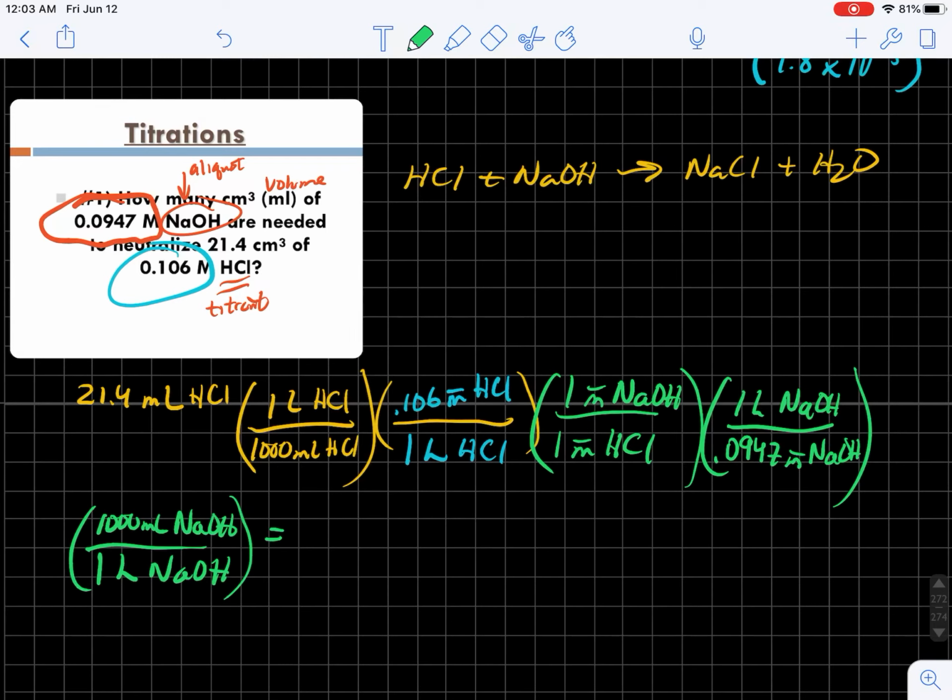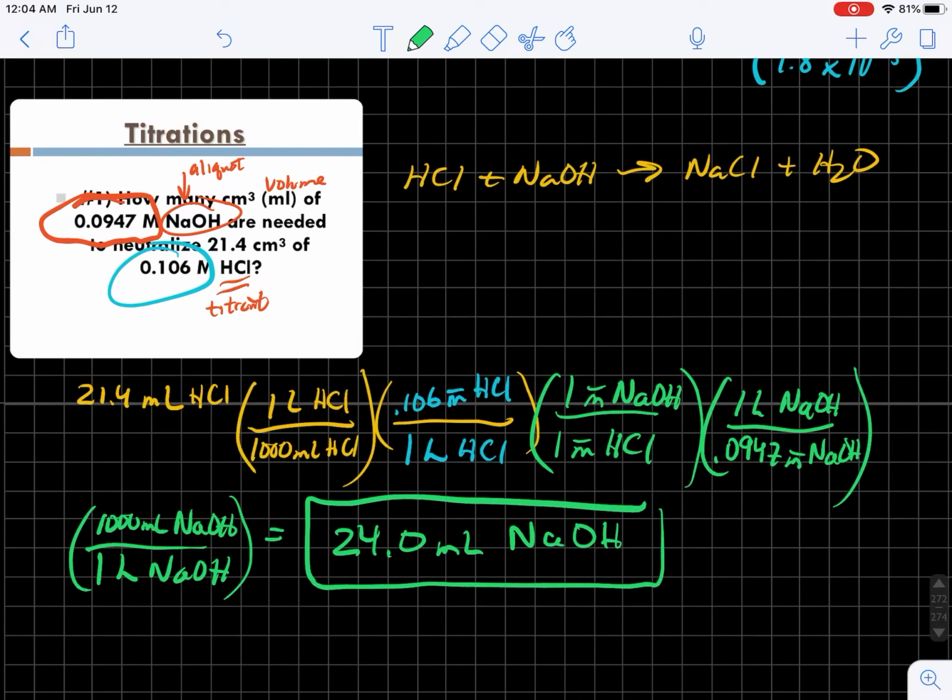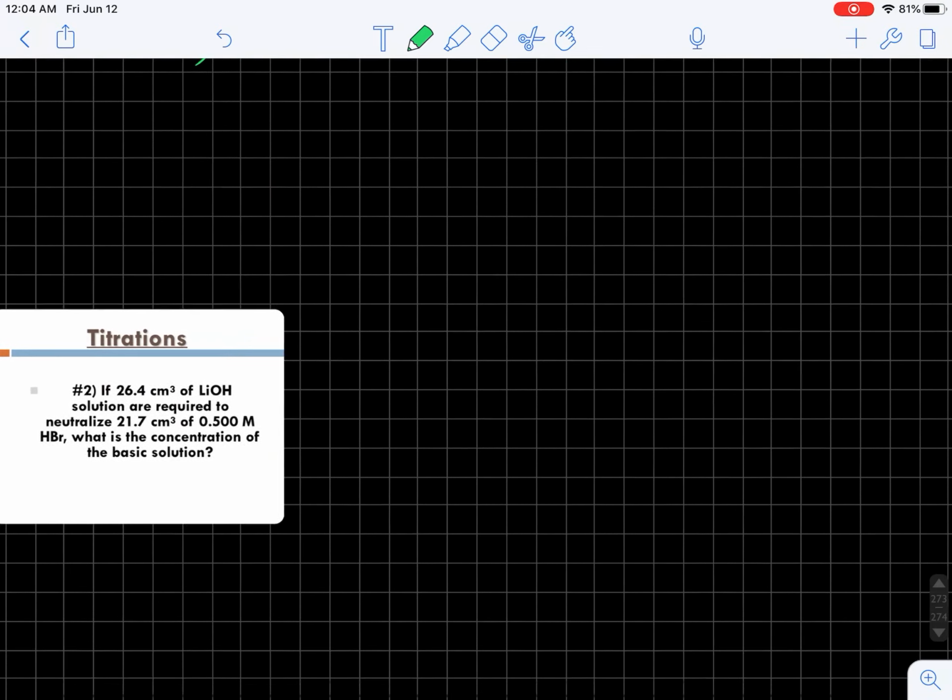So 21.4 divided by 1,000, and then later on times 1,000, times 0.106 divided by 0.0947, and that comes out to be 24.0 milliliters. All right, easy.